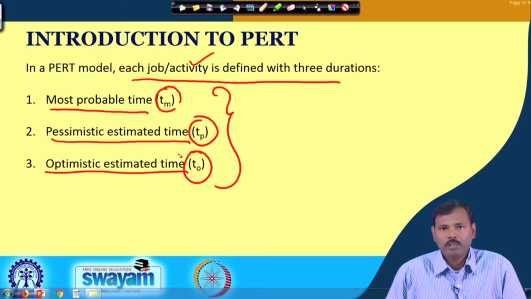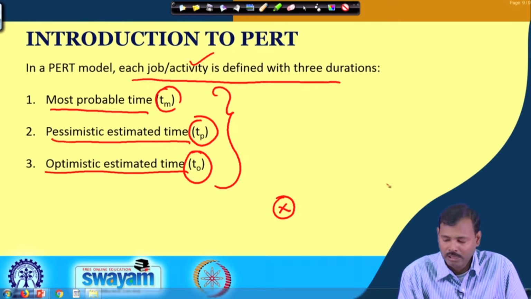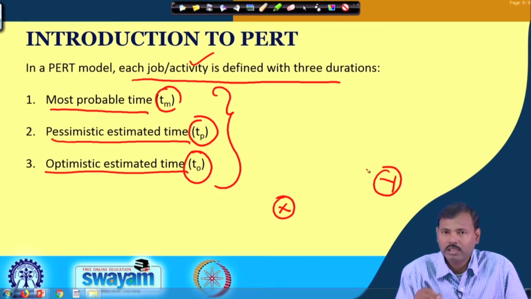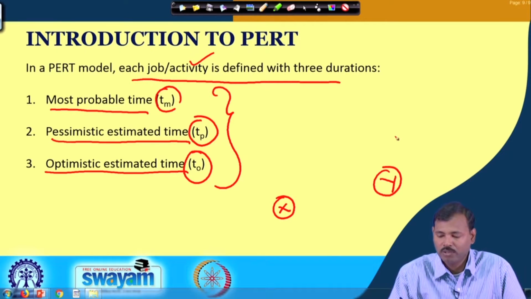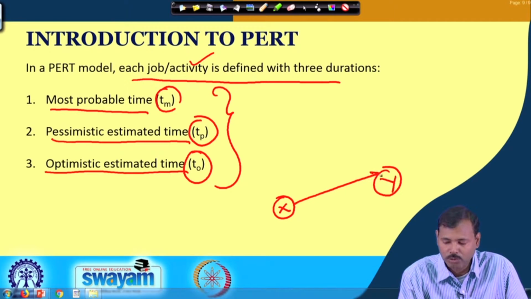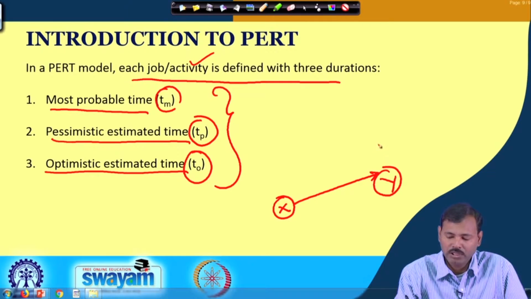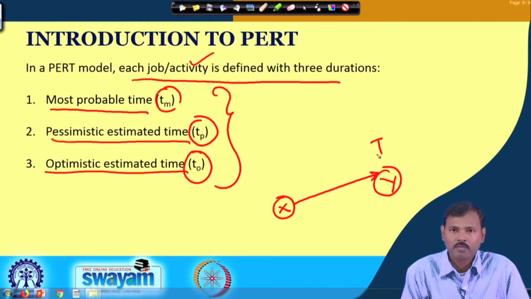So, let me explain it in a little bit different manner. Suppose a person is staying at X place and he has to reach Y place. Suppose he has to take some flight or train from this Y place, and he is travelling from X place to Y place. Now, suppose he must reach there at time t.